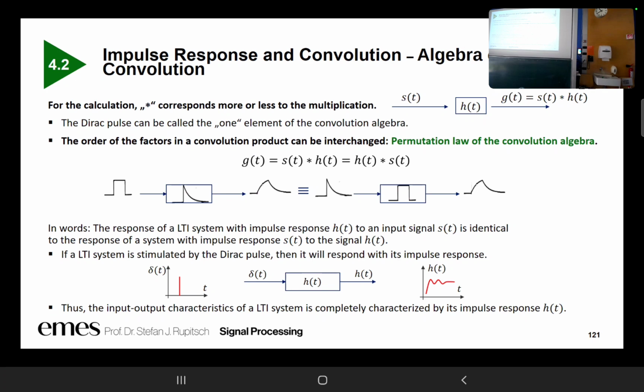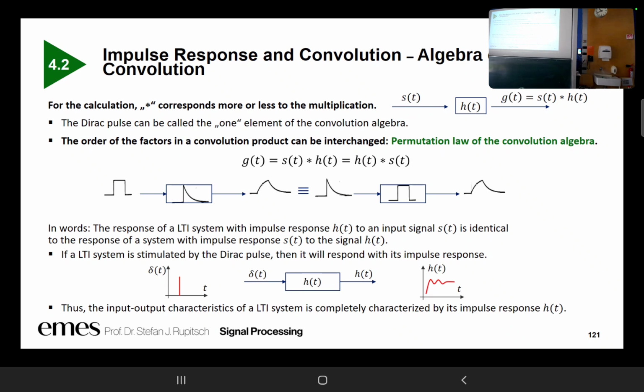We have the commutative law of convolution algebra. If we take a look at the convolution integral, it does not make any difference if we apply this rectangular pulse as input and perform the convolution with the impulse response. The output will be the same as if we use as input the impulse response and assume that the impulse response of the system would be this rectangular signal.